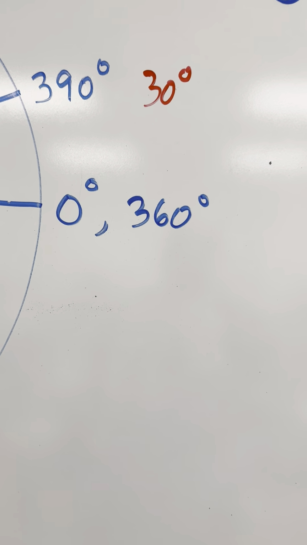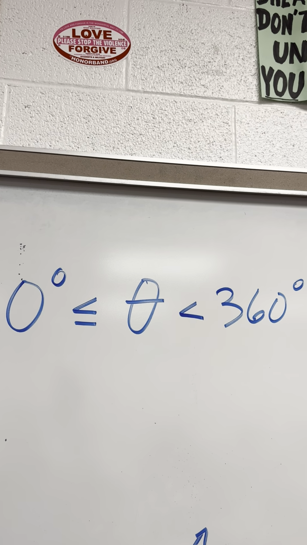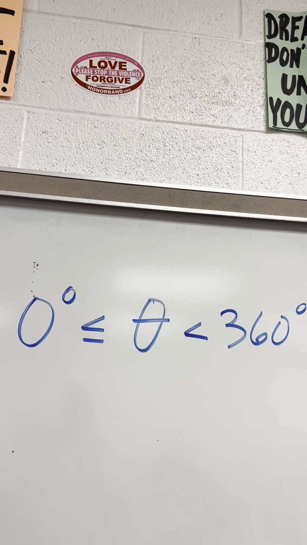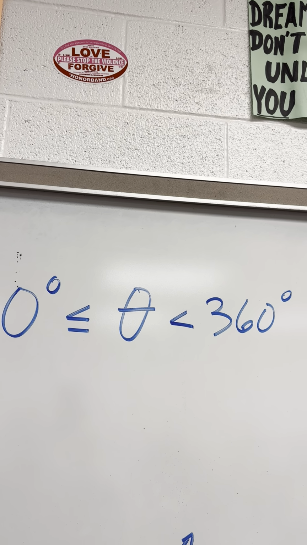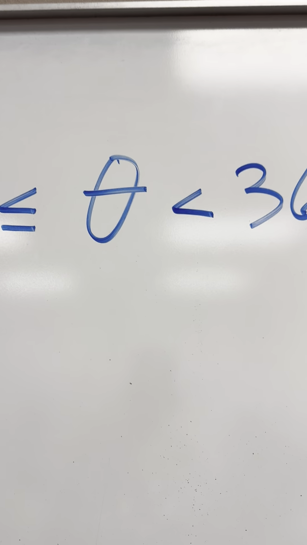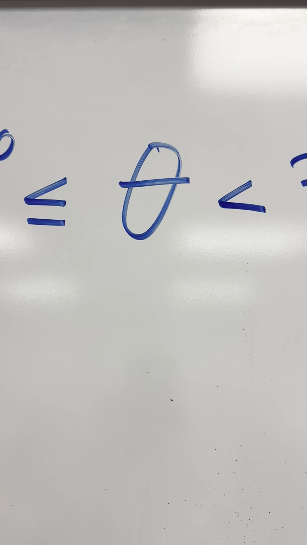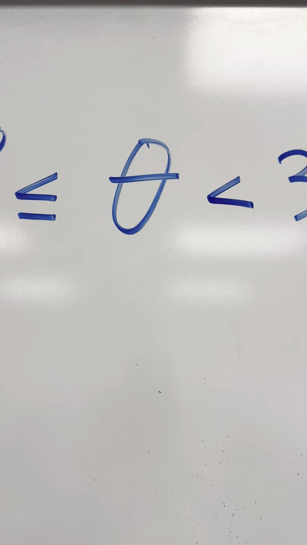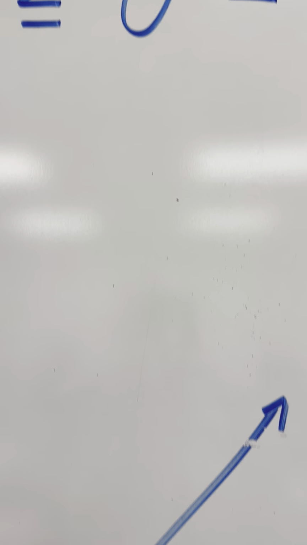Now, in the Delta Math problems today, it says find a coterminal angle where 0 is less than or equal to theta is less than 360. Theta, what the heck is theta? I don't know, maybe they ran out of English letters in the alphabet and they had to go to Greek letters. But theta all that means is an angle.